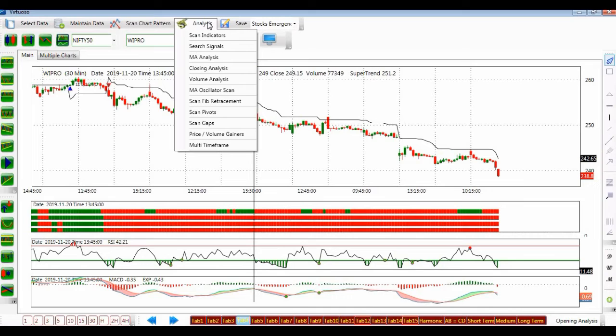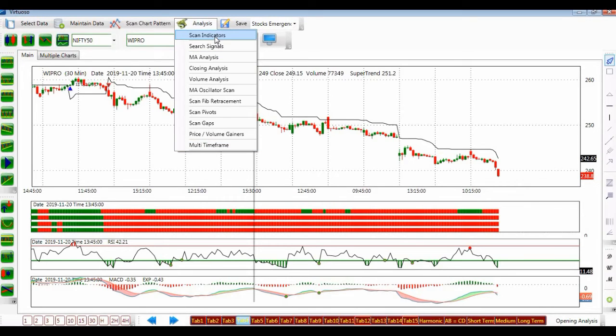So it can easily scan the indicators, search the signals, MA, moving average analysis, closing analysis, volume analysis, moving average oscillator scanning, or Fibonacci retracement, scan pivot levels, scan gaps, volumes, price gainers, or multi-time frame. Multi-time frame we have already seen right now, that is JS analysis.